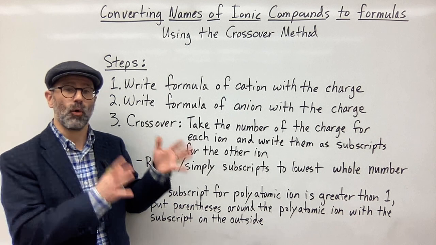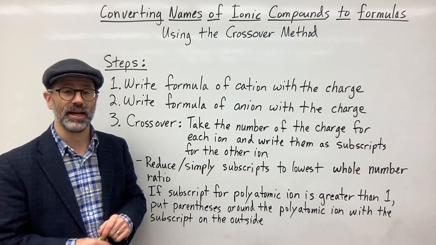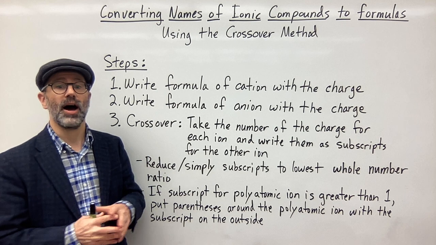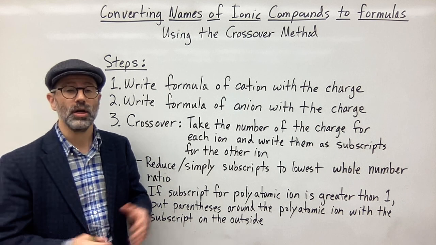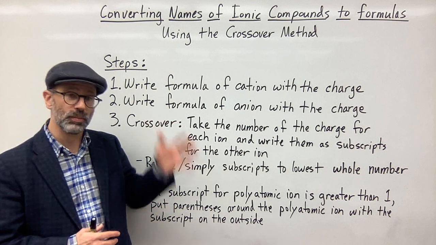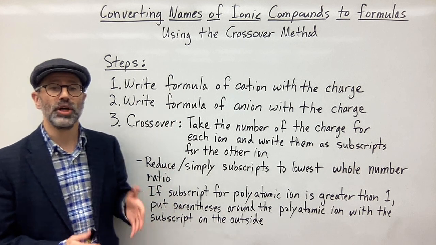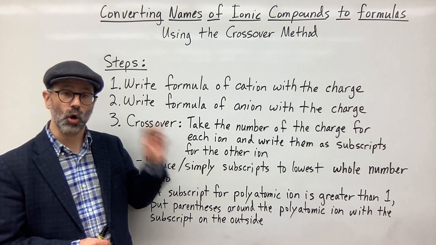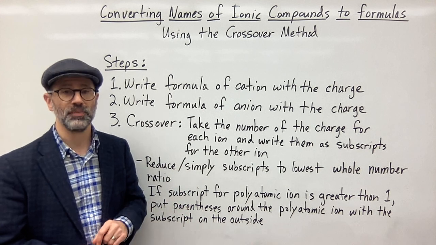So if you have NH4 at the beginning, that's going to be your cation. But normally it's going to be just a single atom, a metal. So if you have aluminum in there, then aluminum would be first in the formula. So you're going to write the formula for the cation with the charge. That's important. You've got to know the charges and you've got to write the charges down.